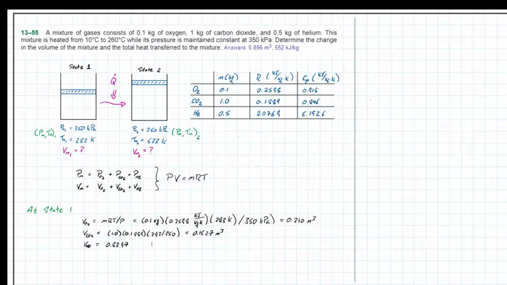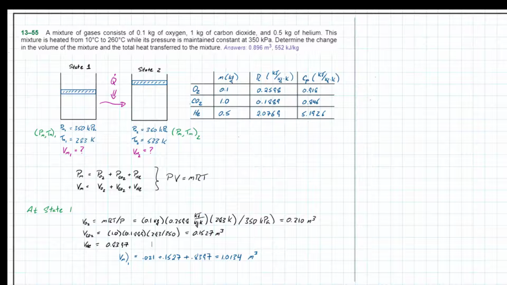To get the total volume of the mixture, we add these together, and we find that the volume of the mixture at state 1 is equal to 0.21 plus 0.1527 plus 0.8397, and this equals 1.0134 cubic meters.